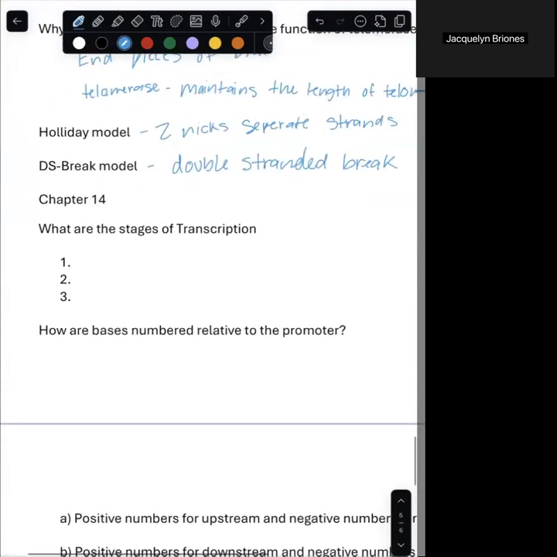What are the stages of transcription? So we have initiation.